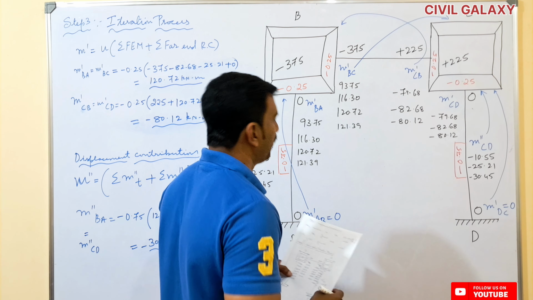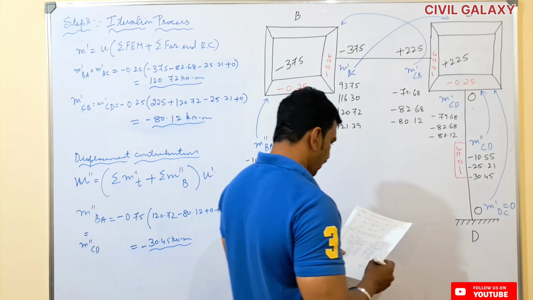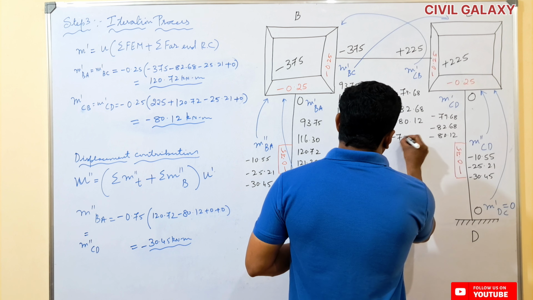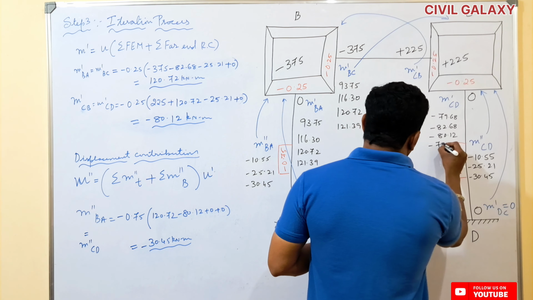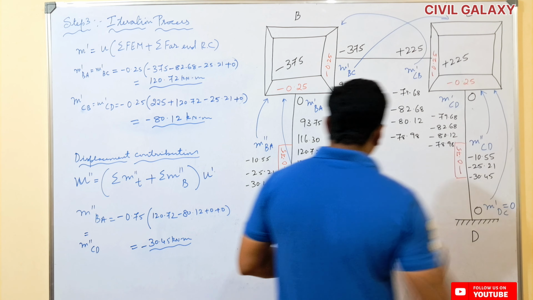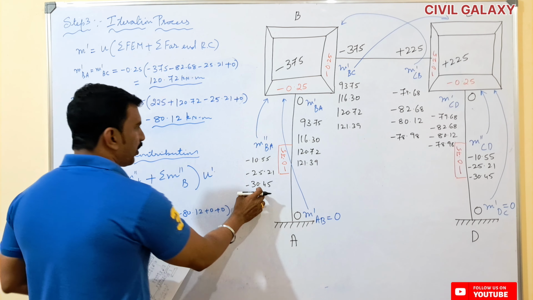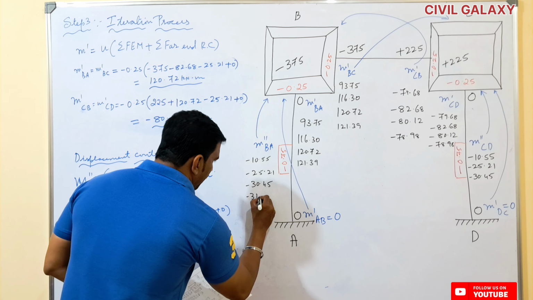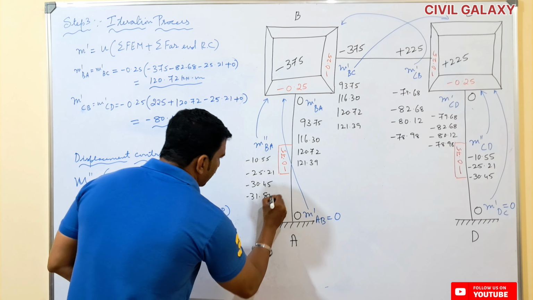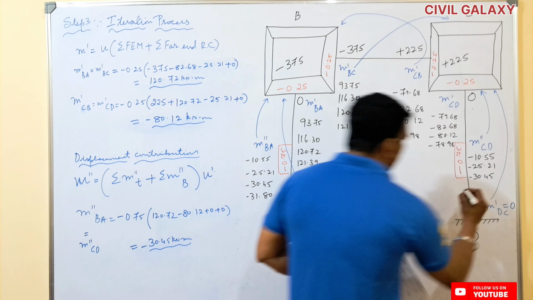So for the fourth cycle M dash CB, we are getting a value of minus 78.98. Here also minus 78.98. And the displacement contributions for the fourth cycle, we are having a value of minus 31.80. Here also minus 31.80.